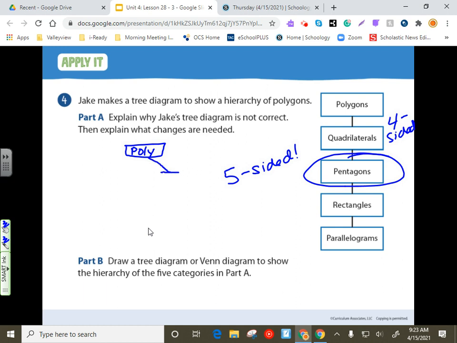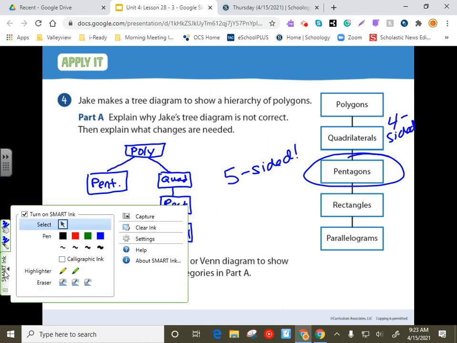We definitely have our 4-sided figures, our quadrilaterals, and our rectangles, and our parallelograms. But our outlier, the one that's different, is going to be our pentagon. So that's why we can connect it, because it is a polygon. It just doesn't match up with these others. It's like the one that just isn't like the others. So that works for us.